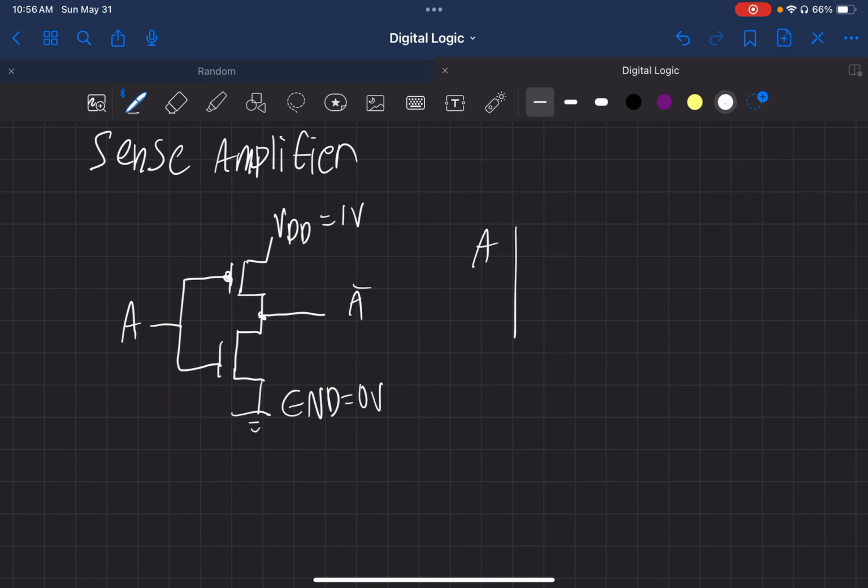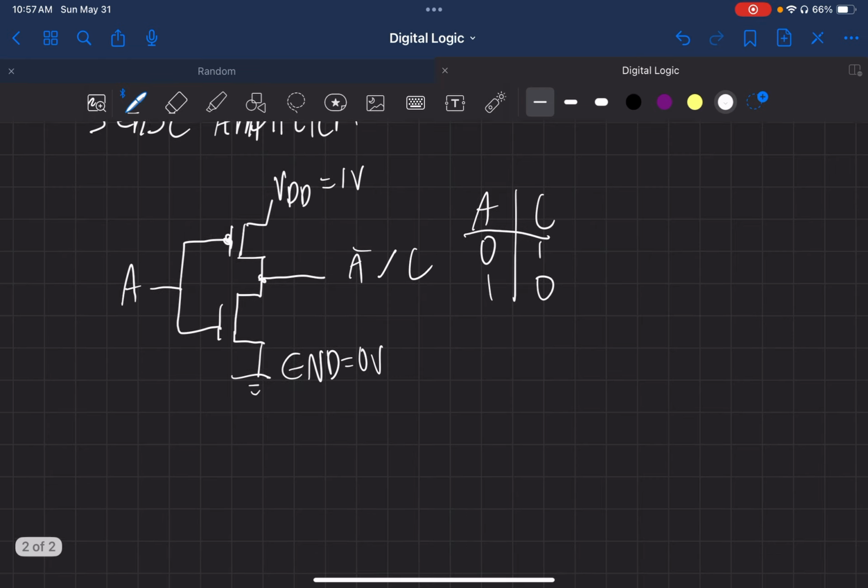So let's just have a simple truth table. If A is zero, then the output, we'll call this C. So if A is zero, C is one. If A is one, C is zero, right? So it just inverts it.